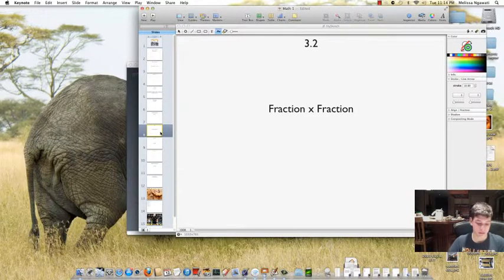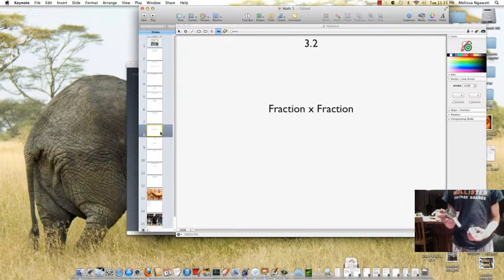Unit 3.2. Fraction times a fraction. We have 1/2 times 1/4. To show this, you can use measuring cups.